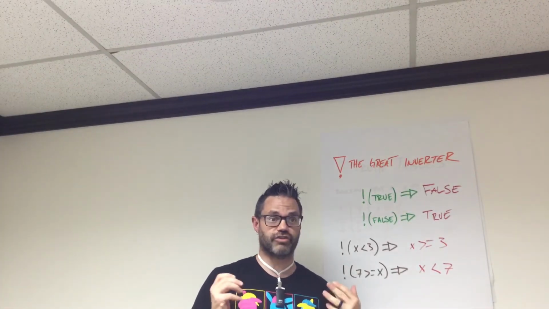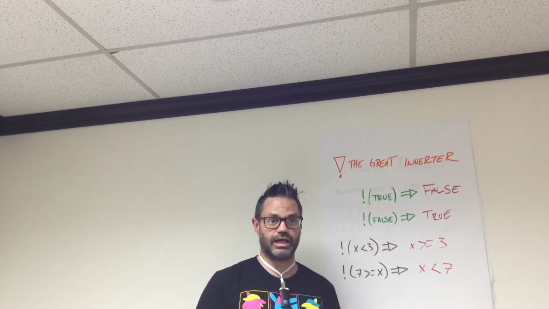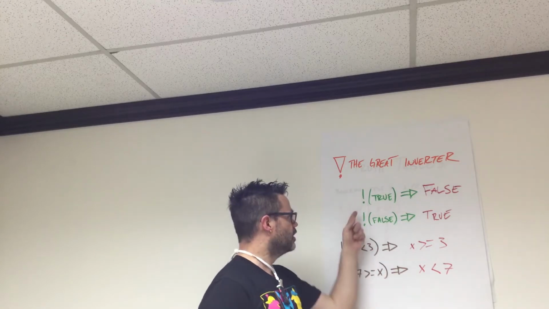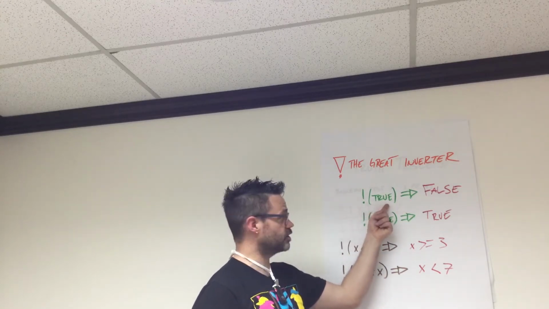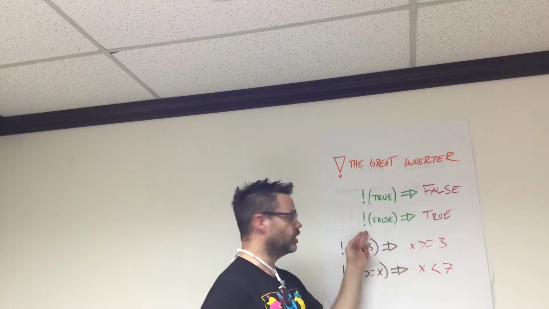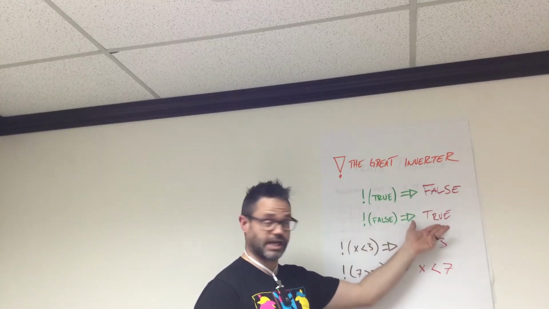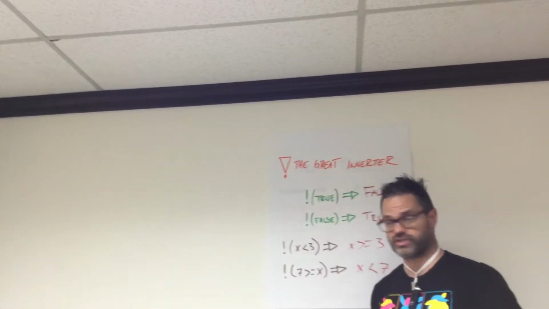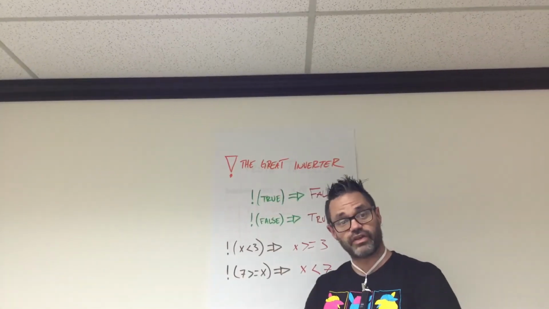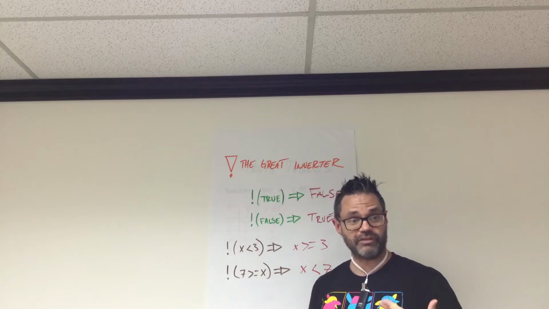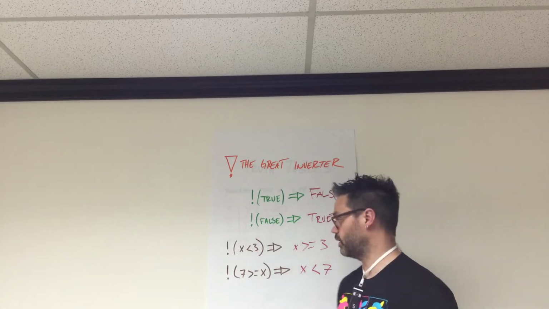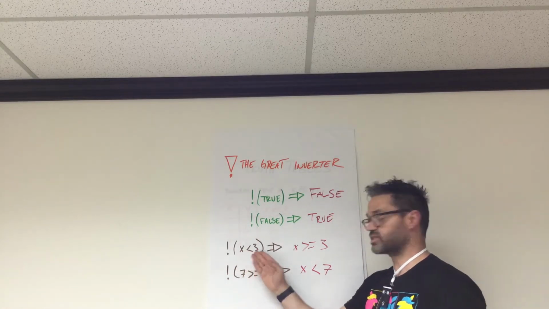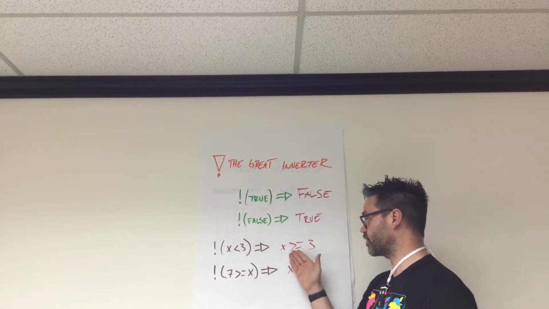Our not symbol is the great inverter. This is how we change the values of something. Not inverts values automatically. So not a true expression becomes a false expression. Not a false expression becomes a true expression. So we can change things from true to false and back and forth. We also have the fact that the not operator inverts relational operations as well. So not x is less than 3 becomes x is greater than or equal to 3.